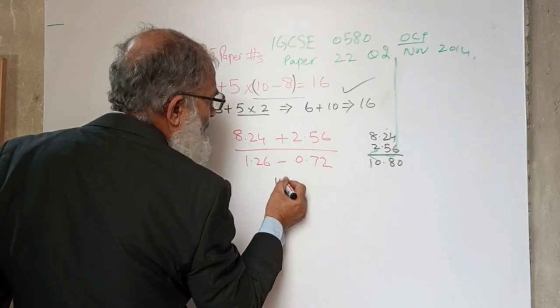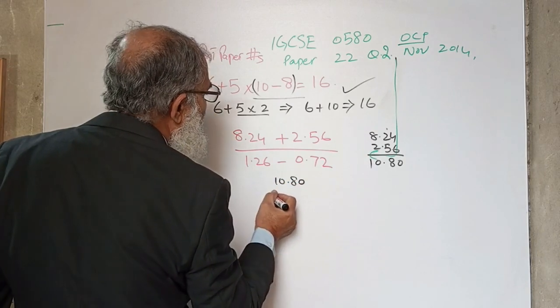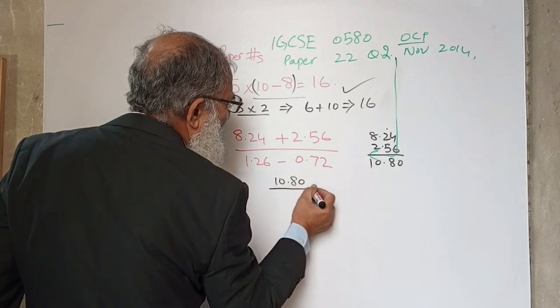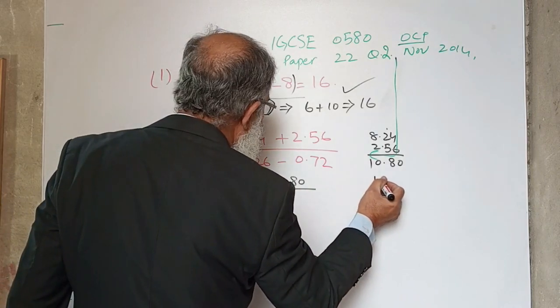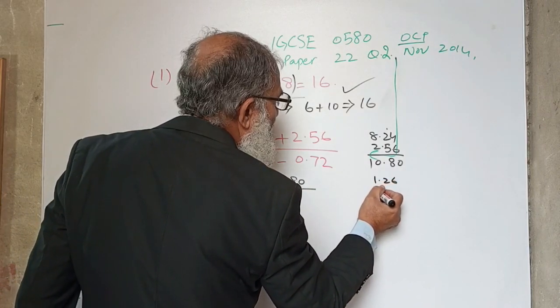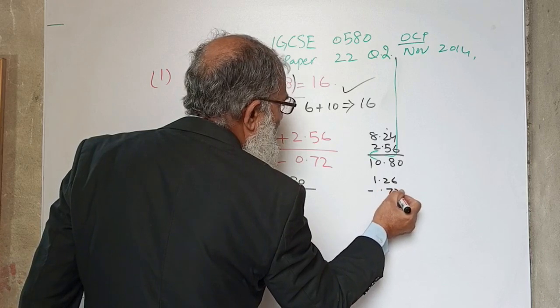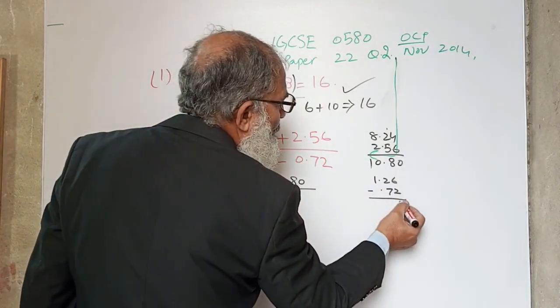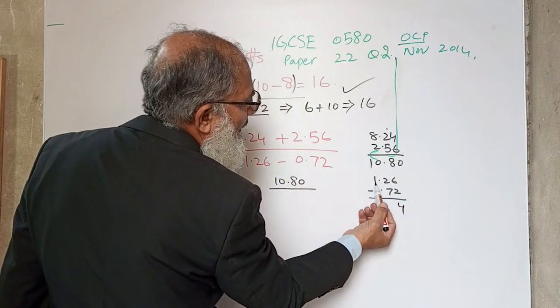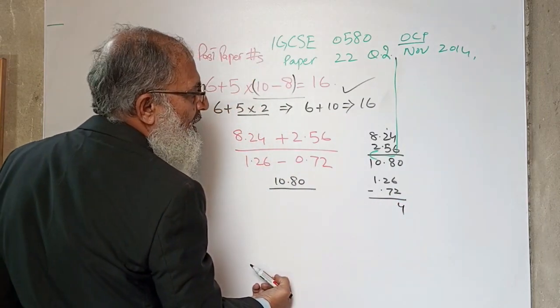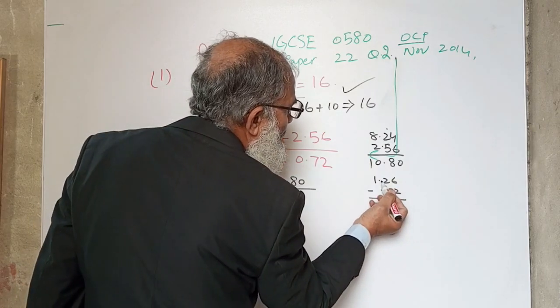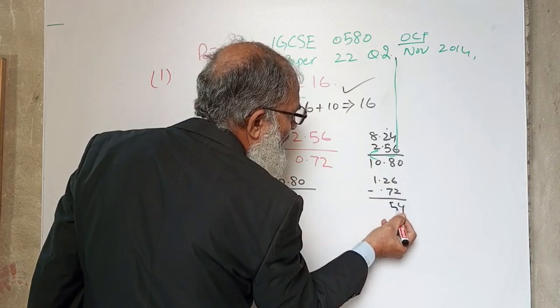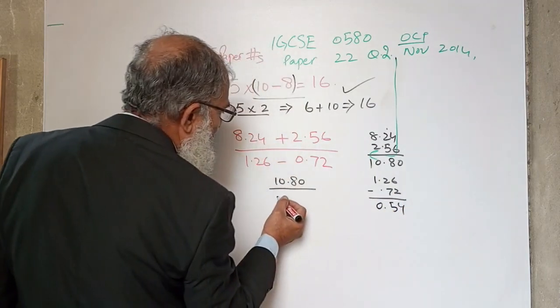The numerator becomes 10.80, and the denominator becomes 1.26 minus 0.72. Now we have to subtract this. 12 minus 7 is 5, and it will become 0.54.